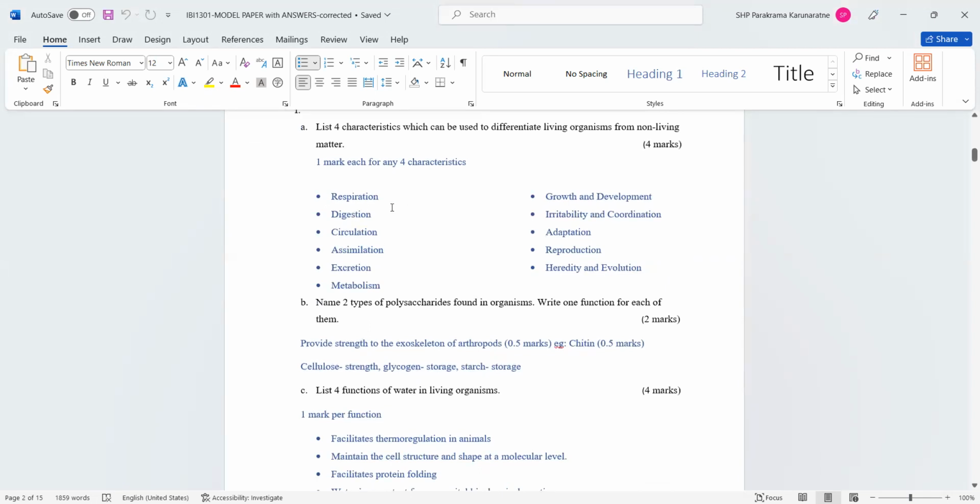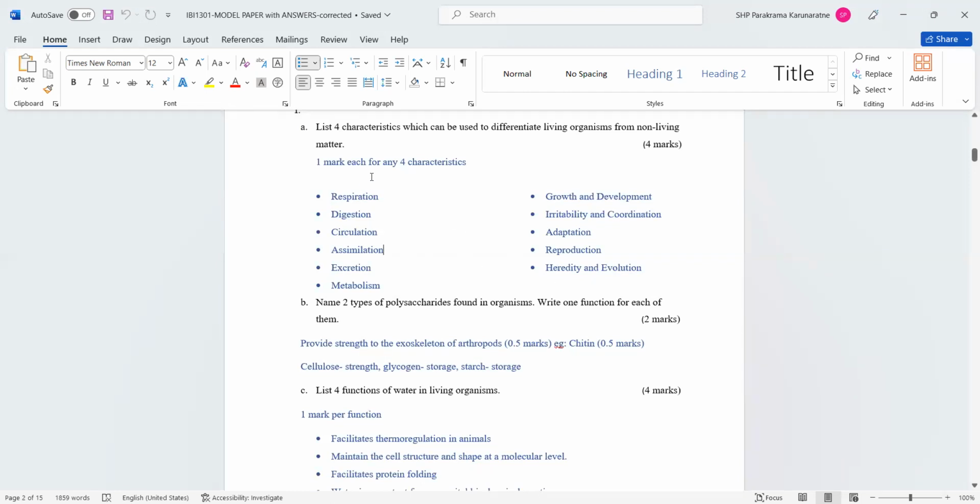And respiration, like the things which the living organisms do, and you can't see them in non-living. I explained this to you at the beginning of the lecture series. So 4 characteristics are asked. If you write any of these 4, you can get the marks.